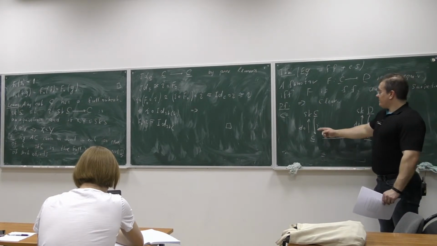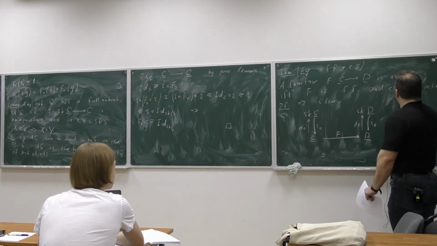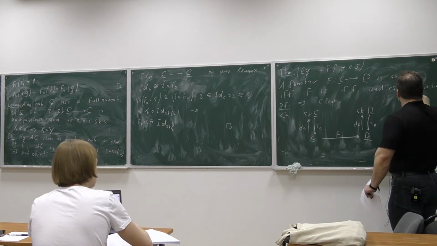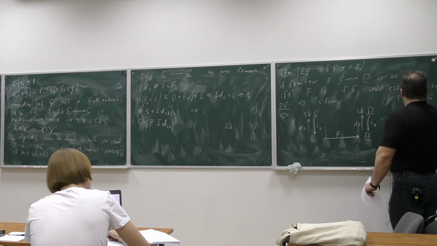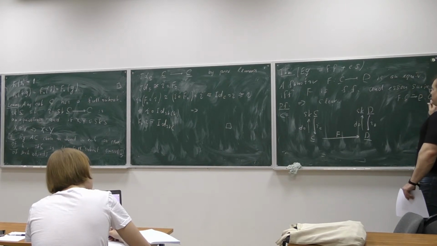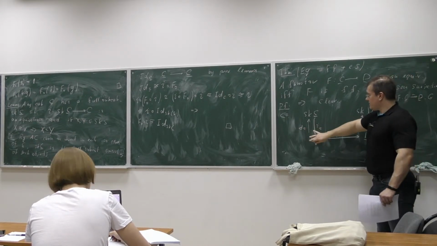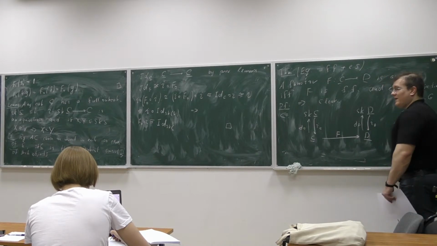Actually, there is a name for this functor. If you have an equivalence between C and D given by two functors f and g, g is called quasi-inverse to f, and f is quasi-inverse to g. So with this terminology, I can say that j is quasi-inverse to iota.